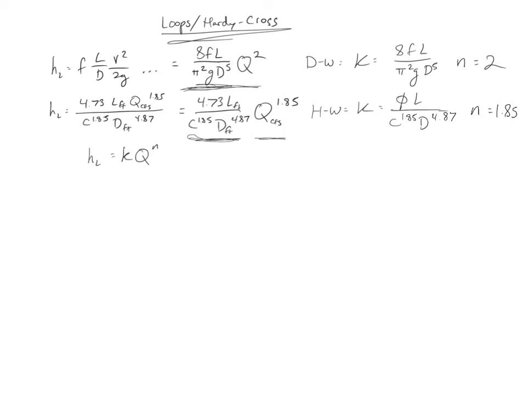Okay, for Hazen-Williams, this phi is going to be 4.73 in US units, and phi is going to be 10.66 in SI.